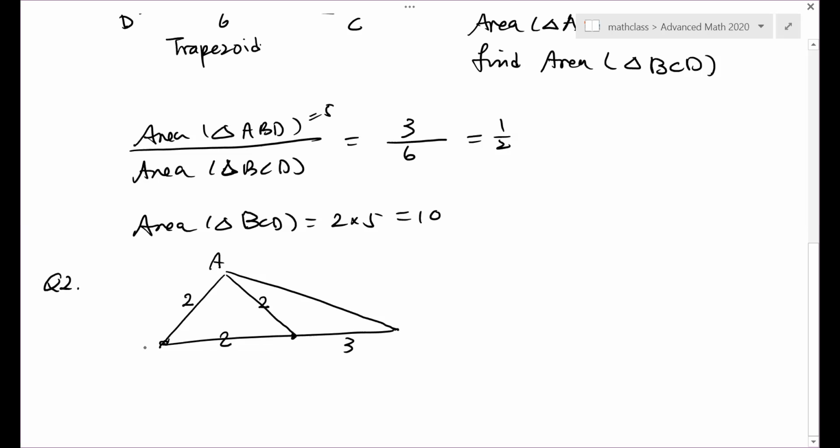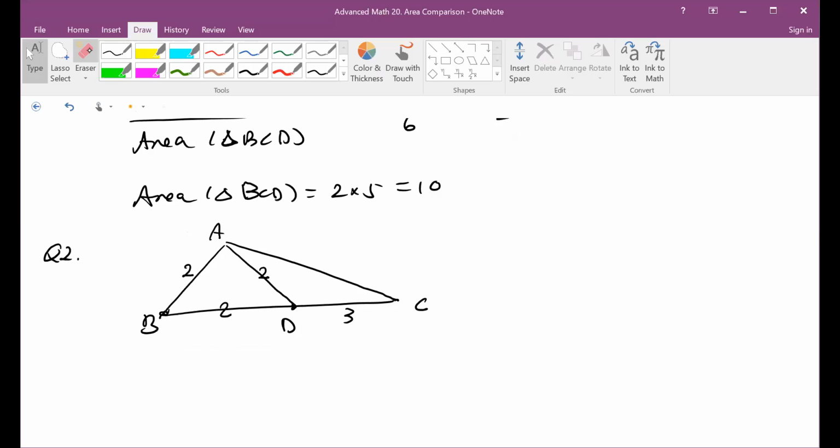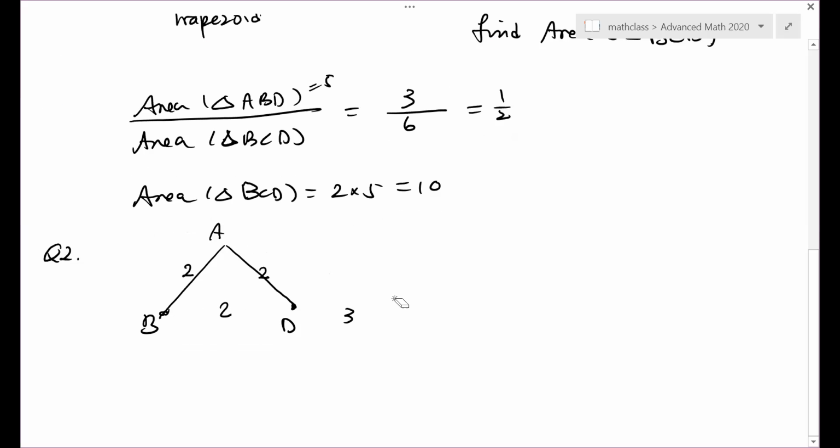Here's A, B, C, D. No, I did not draw it right. This does not look like the one I'm drawing, so let me redraw it.